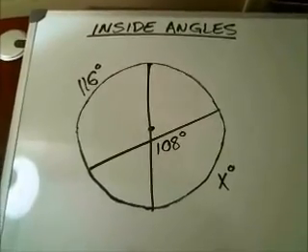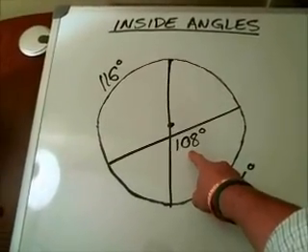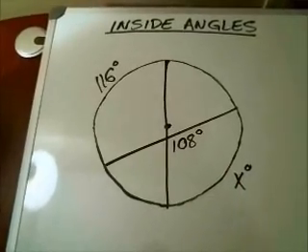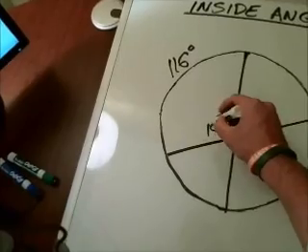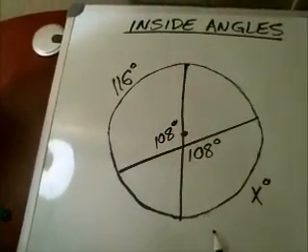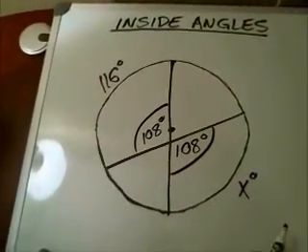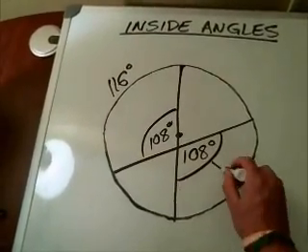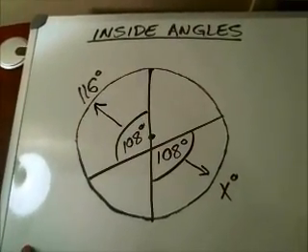Now this time, what if what I'm looking for is the arc? So I give you that this inside angle is equal to 108 degrees, which also means that this vertical angle is 108 degrees. Now, if I want to figure out the relationship here, I look at those opposite arcs, here at X and here at 116.